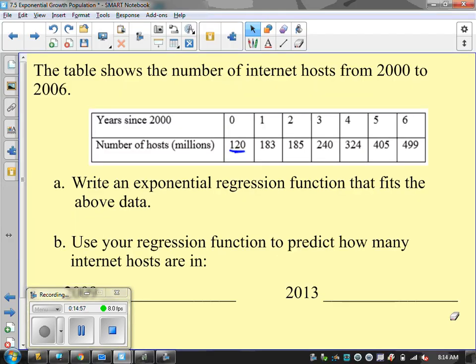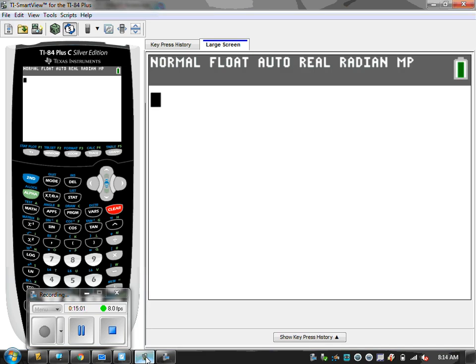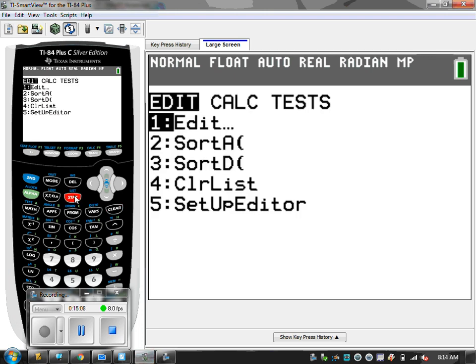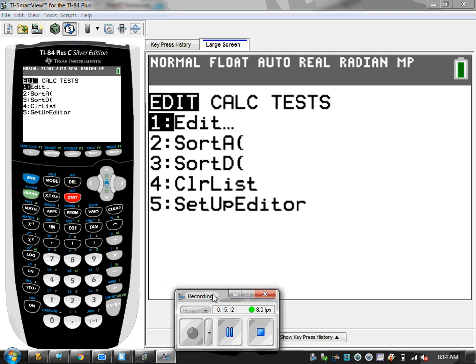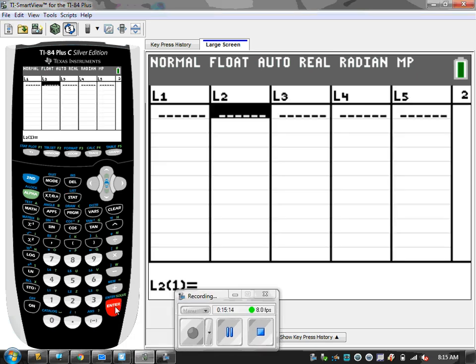I'm using my TI. I'm going to first go to stat. I'm going to enter in my lists. So the X values will go into L1, the Y values into L2, or my years starting at 0 into L1, and then the number of internet hosts into L2.